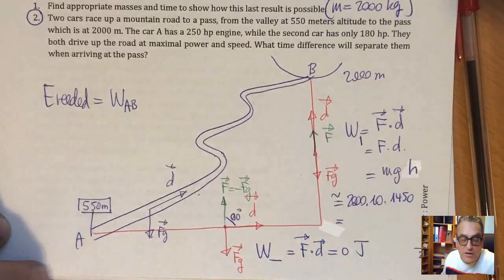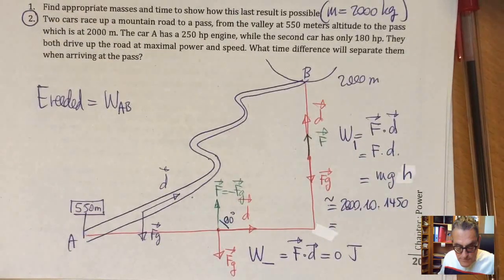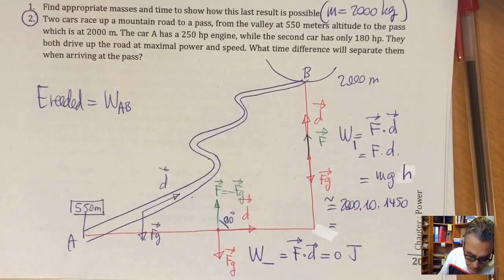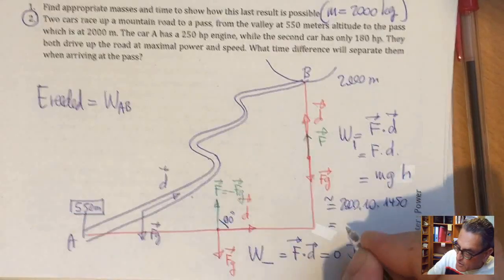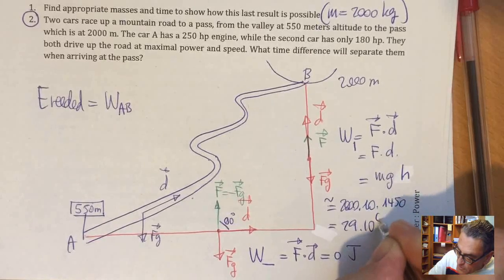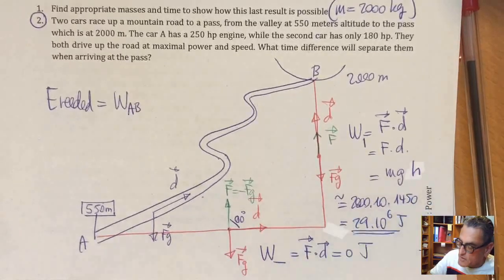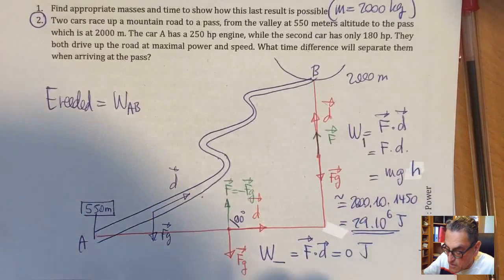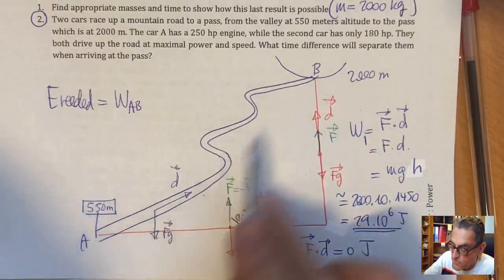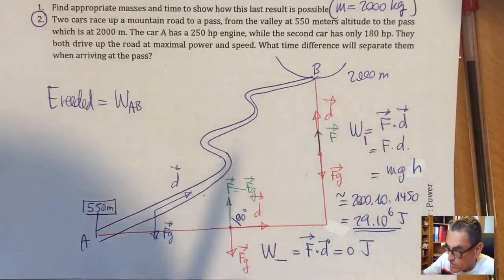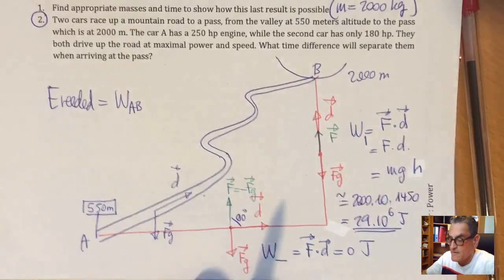And if you compute that, 20,000 times 1450, this is equal to 29 million joules. Okay, this is the energy you need to bring a car of mass 2000 kilos up from 550 meters to 2000 meters without friction, right?